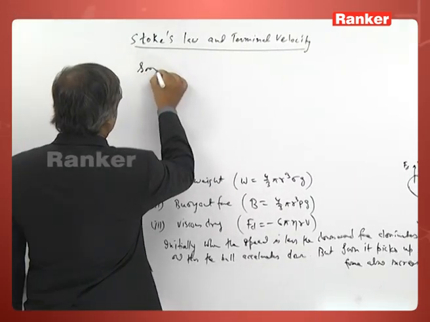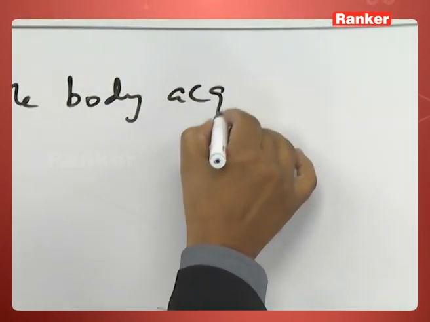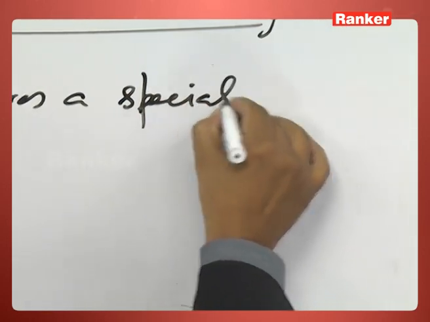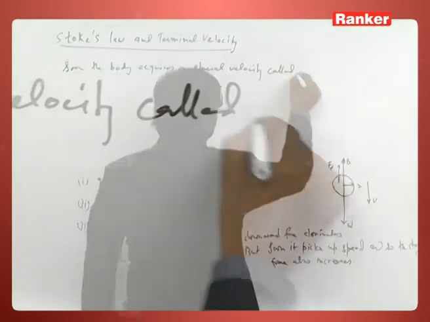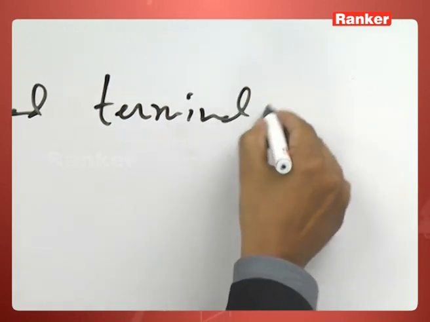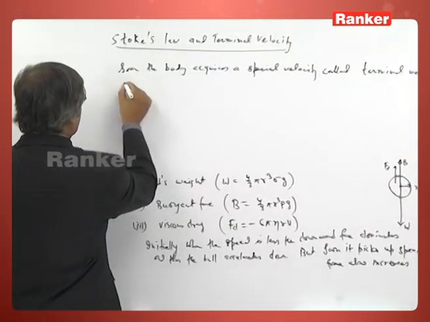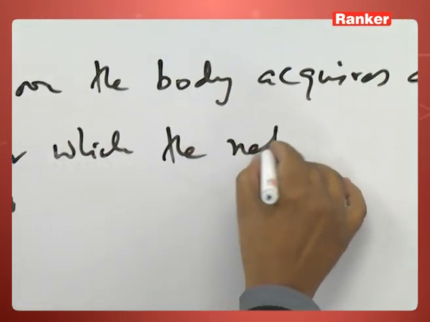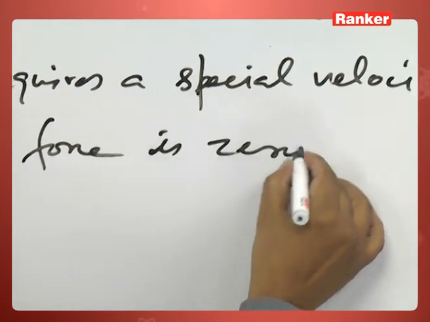Soon the body acquires a special velocity called terminal velocity, for which the net force is 0.